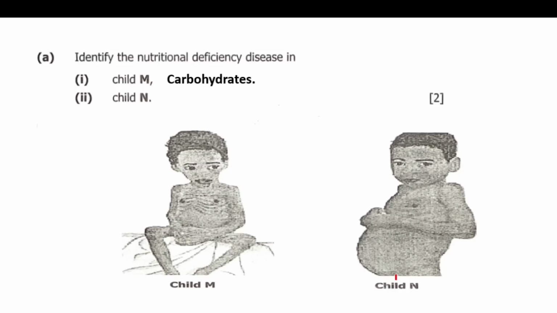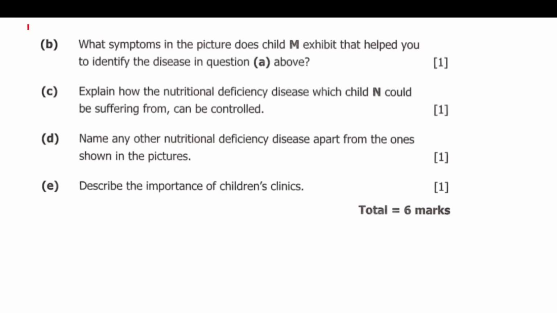Then child N here suffers from the deficiency of proteins. And the disease caused by deficiency in carbohydrates is called marasmus, and the disease caused by deficiency in protein is called kwashiorkor.